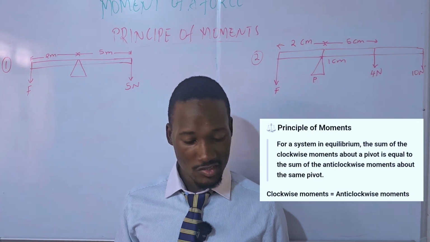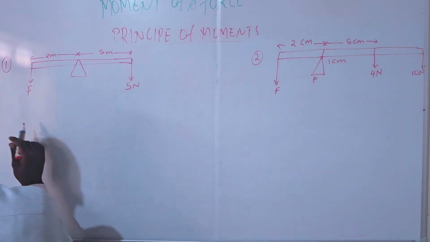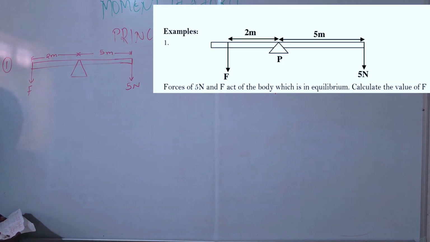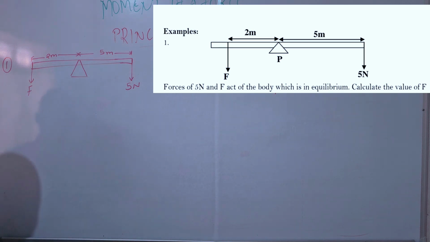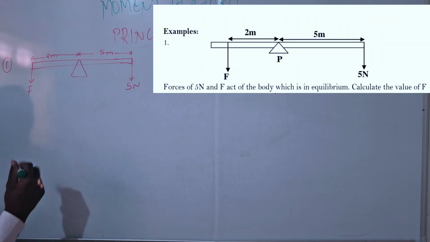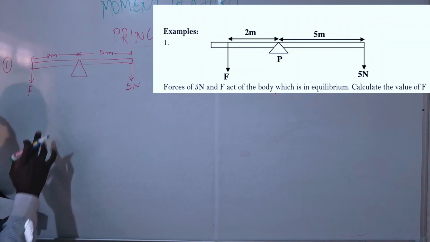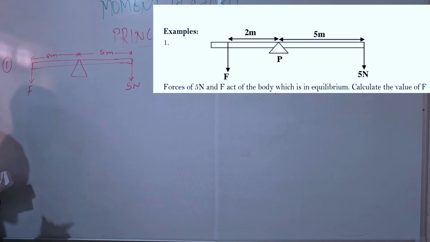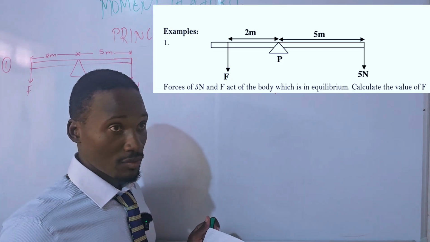Question 1 says forces of 5 newtons and F newtons act on a body which is in equilibrium. Calculate the value of F. In this question, we are going to use the principle of moments. As long as they are telling us that this system is in equilibrium, what must you observe in every question?